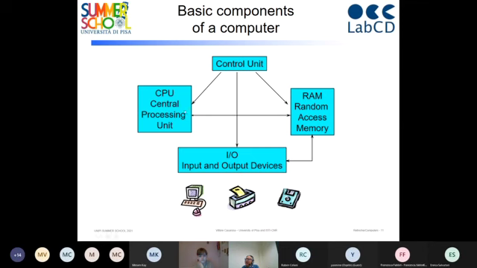And on the other side, you have the RAM, the random access memory, where this is the real step forward, where you can put both the data and the program working on this data. Then, of course, you have a control unit regulating the exchange of information between the CPU and the RAM. And then you need a way to put into the RAM the data and the program that you want, and to take out the results of some computation.